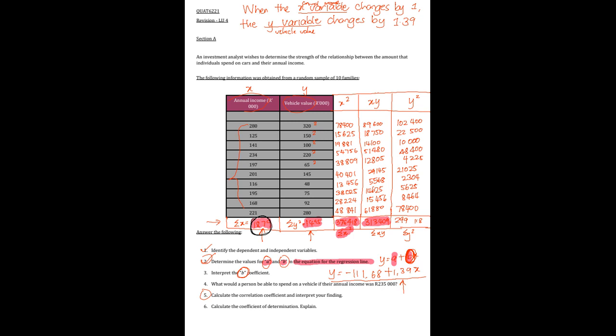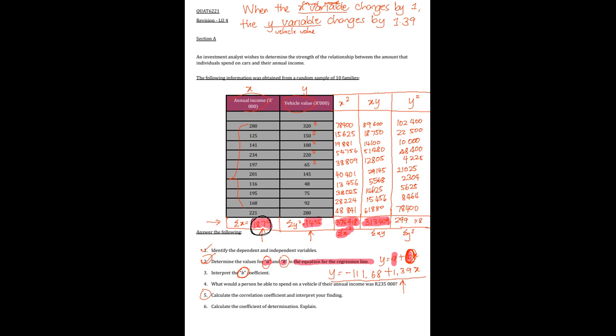But it's also saying that if the income increases by 1, then the value of the vehicle will increase by 1.39. So it's in either direction, which is why I'm not being specific about an increase or decrease. So instead of just saying increase or decrease, I'm just using the word change. So when the annual income changes by 1, then the vehicle value will change by 1.39.